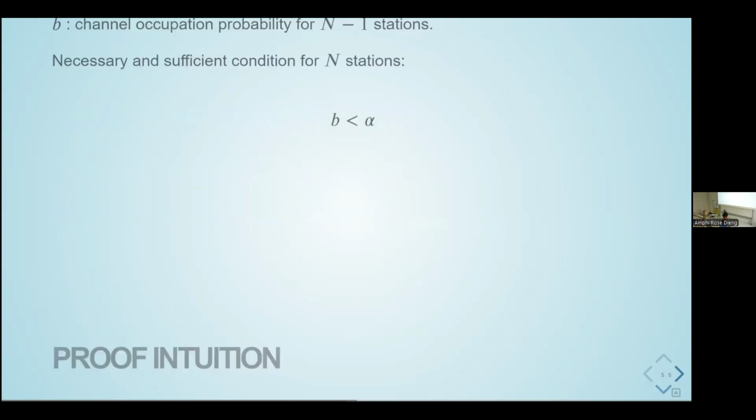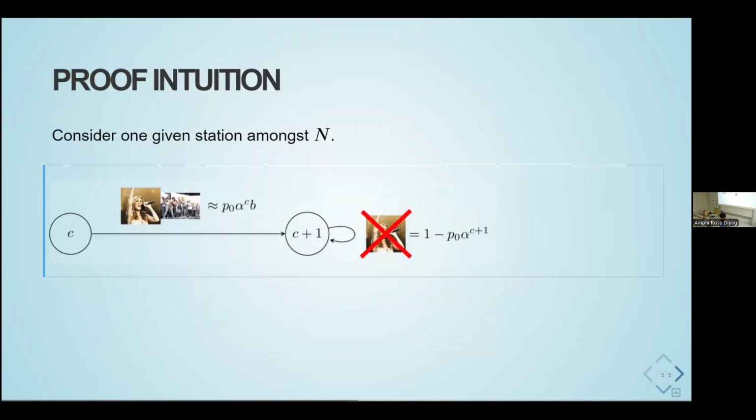I'll just give you the intuition. It's actually much simpler to explain the intuition. Imagine one station, say Alice, and imagine the transition from her state C to the state C plus 1. It happens basically if she speaks and some other person speaks at the same time, or many persons speak at the same time, which happens with probability B, if there is independence between Alice and the rest of the world.